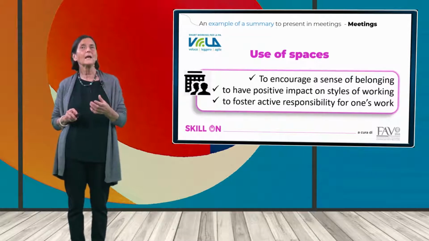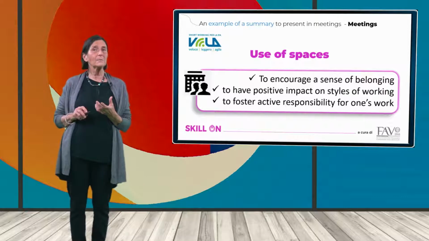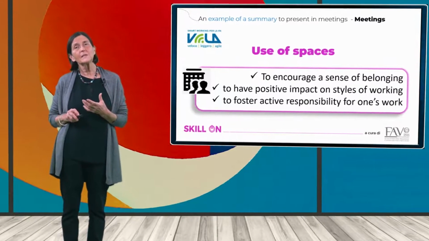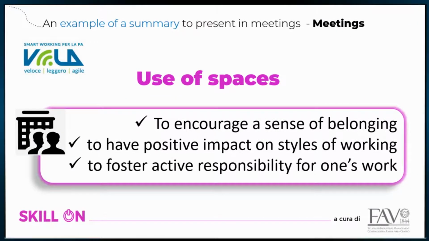And to add more and to continue, you can ask questions in your summary. What does that mean? How can you do that? So one way is through the use of spaces to encourage a sense of belonging. We've got another set of bullet points, very useful in a summary. A sense of belonging, un senso di appartenenza.